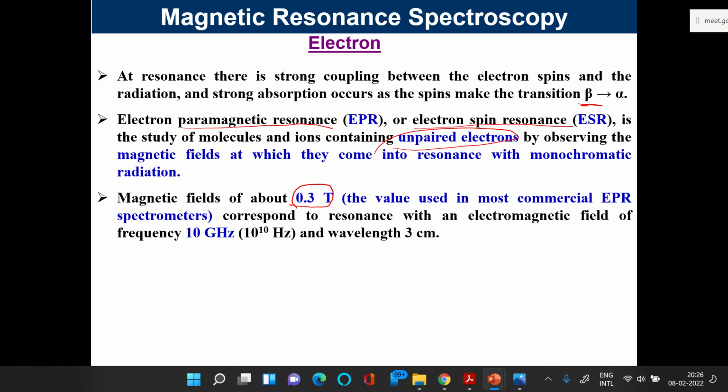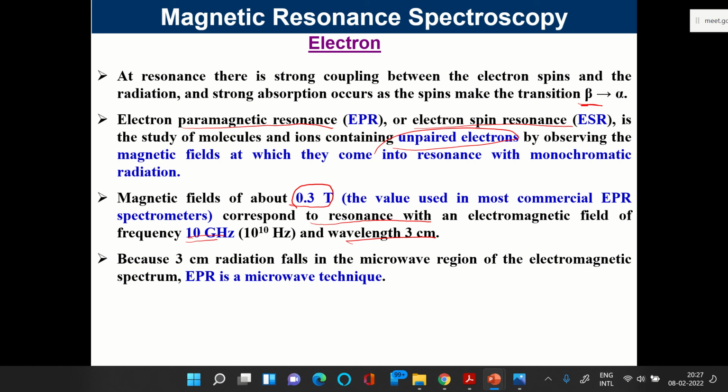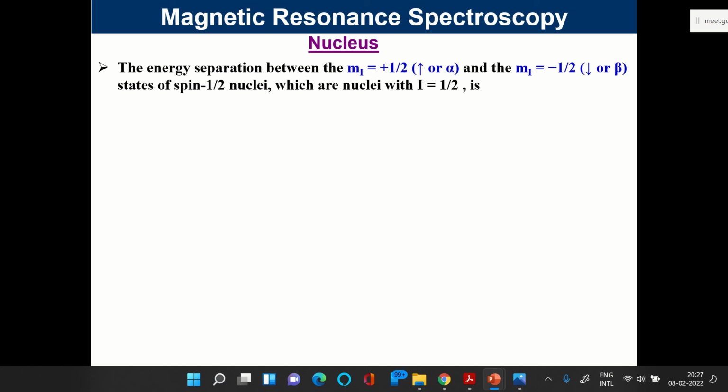This is good enough to bring the electrons into resonance, and this is typically used in an EPR, electron spin resonance, or ESR spectrometer, with a frequency of 10 gigahertz or a wavelength of 3 centimeters. A wavelength of 3 centimeters is typically microwave radiation. So EPR is a microwave technique.